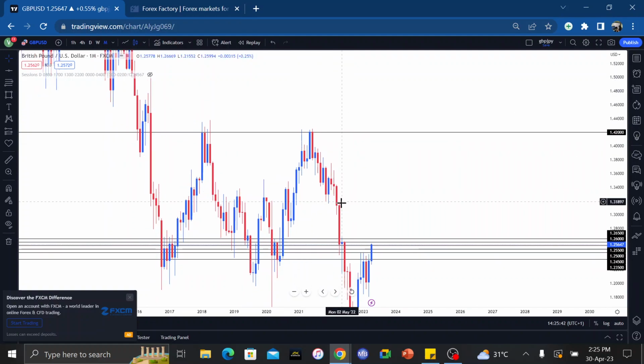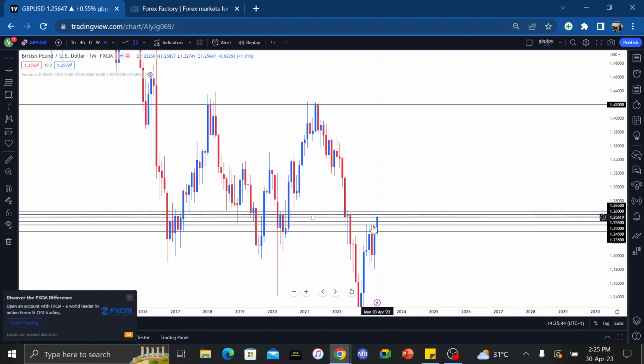But this is on the monthly time frame, and one candle here takes a month to form, so this is not something we'll be expecting anytime soon. I just decided to add it here so we can have it at the back of our mind that this is what is happening, but overall we are bearish.